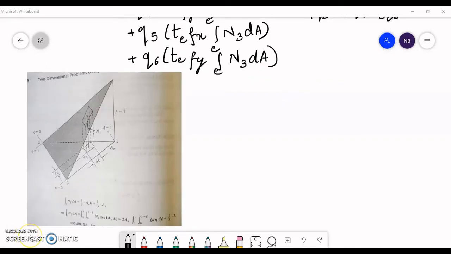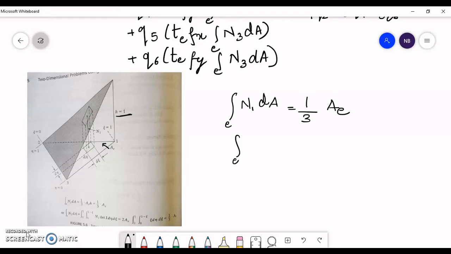From this diagram, which is to the left, we know that the integral of N1 dA represents the volume of a tetrahedron whose base is Ae. So this is the tetrahedron, the base is Ae, and the height at the corner is equal to 1, this height, and this is given by 1/3 of Ae.